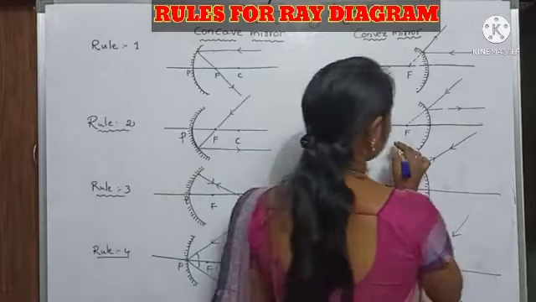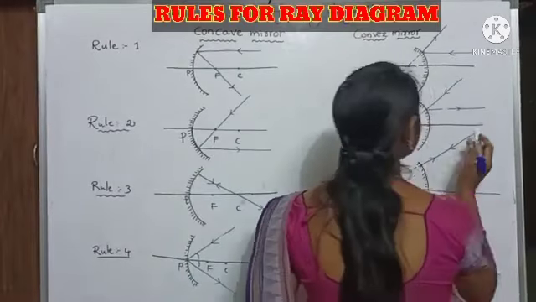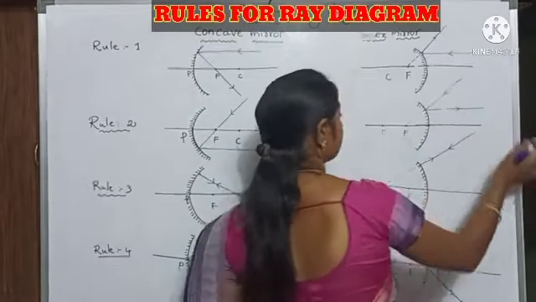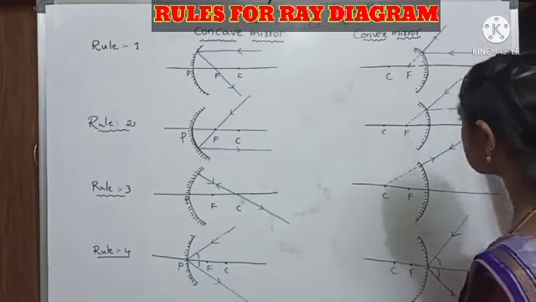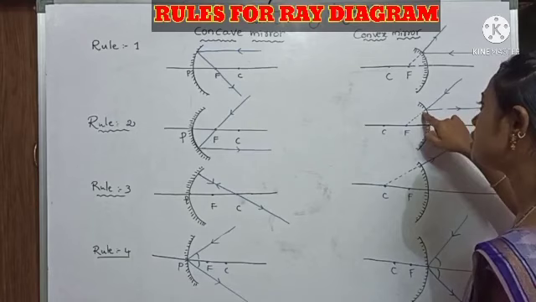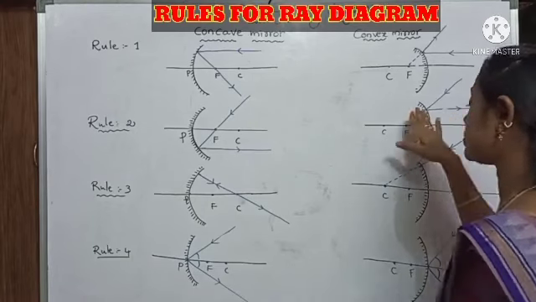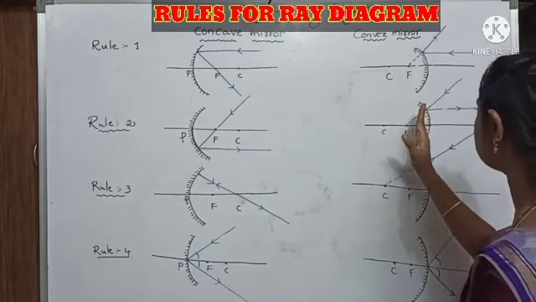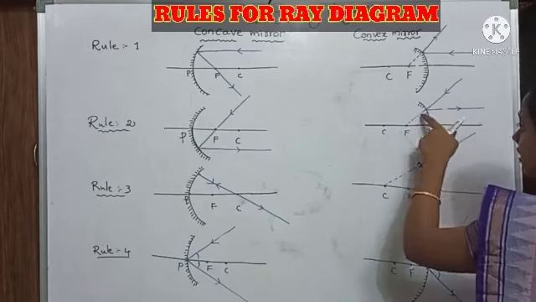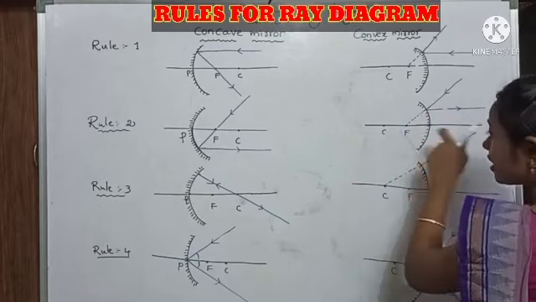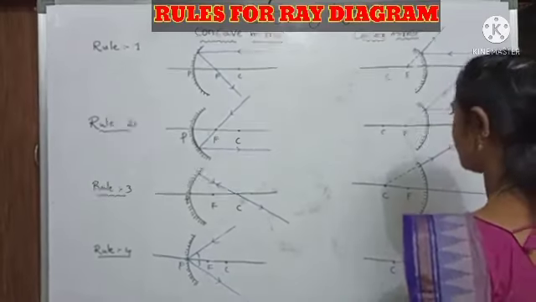When we consider the convex mirror, when the incident light ray falls on the reflecting surface, here also it reflects along the principal axis. Here we see the light is coming from the focus point.